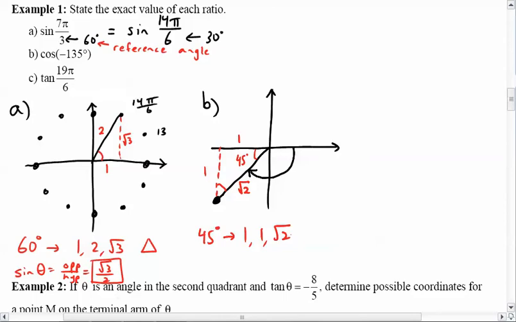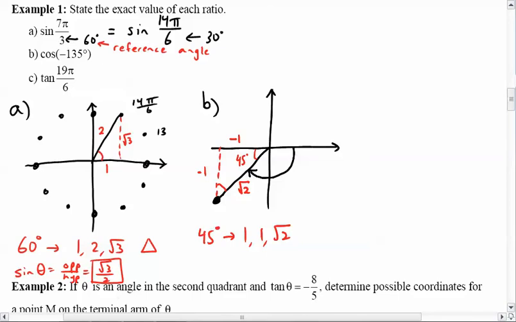And now I've got to put on my positives and negatives. Now the radius is always positive. On the x-axis, I'm on the negative side, so that means my 1 is negative. On the y-axis, I'm below ground level, so that means my y-coordinate is also negative.